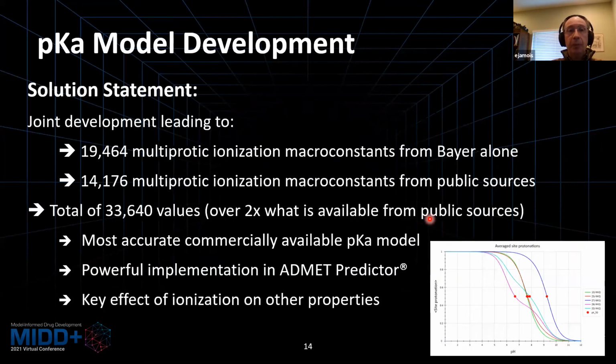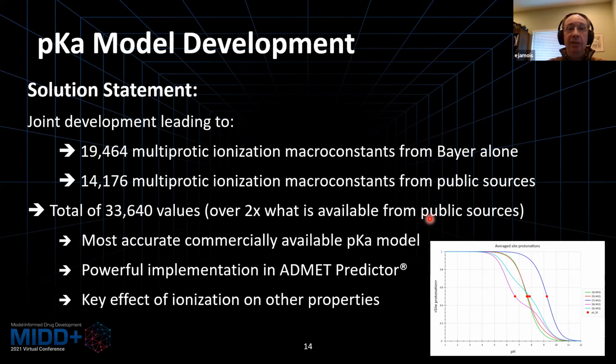So again, in this particular setting, we were able to get close to another 20,000 multi-product ionization microconstants from Bayer alone.